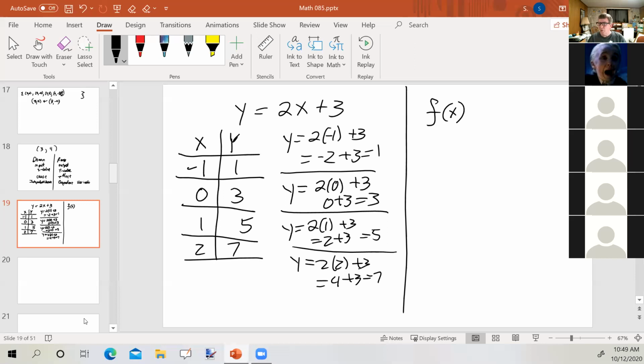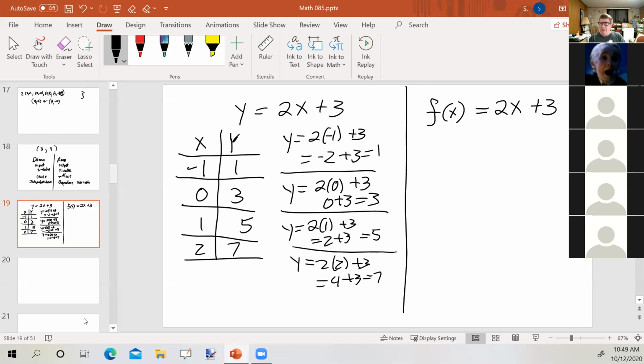It's a shortcut notation for saying f is a function of x. f of x is just another name for y. So if I take the equation y equals 2x plus 3, and I just declare that it is a function, which it is, I can also write it f of x equals 2x plus 3.